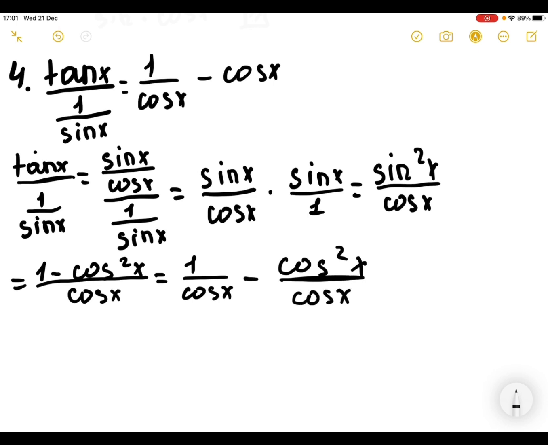We can simplify cosine squared x and cosine x, and it will be 1 divided by cosine x minus cosine x. We have obtained the right-hand side of the identity and so the verification is complete.